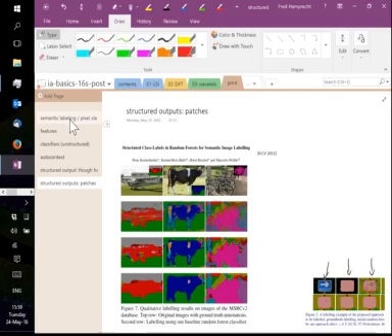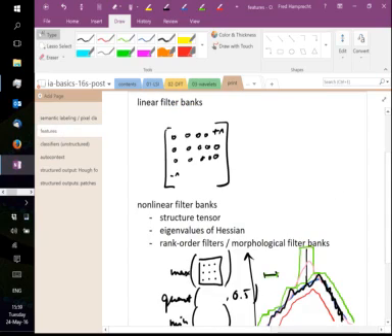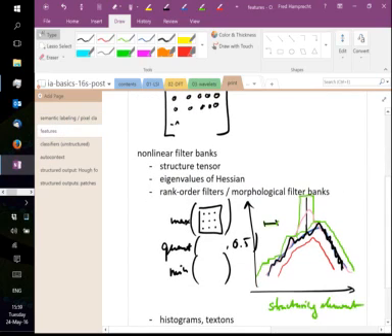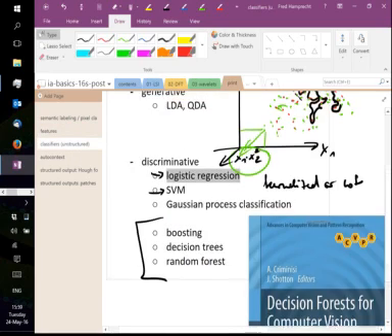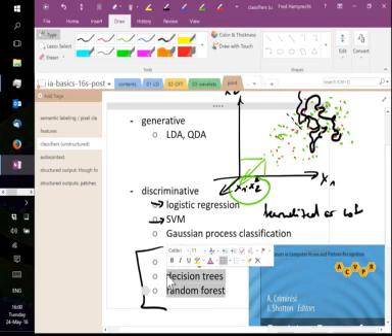So fundamentally, what we talked about today was semantic labeling or classification at the pixel level. The approach we discussed today was that of a human supplying a set, possibly a very large set, of features. And we saw what these features could be. They could come from linear or from different kinds of nonlinear filter banks. I gave you a very rough overview of what classes of classifiers are out there, and I explained in a little more detail classification trees and random forests, because they are a nice compromise of speed and robustness and ease of use.